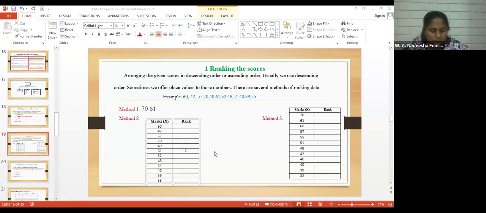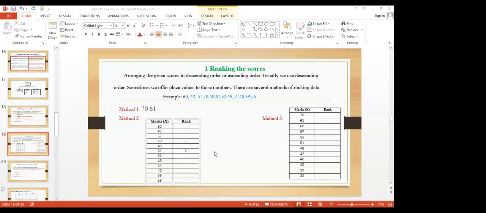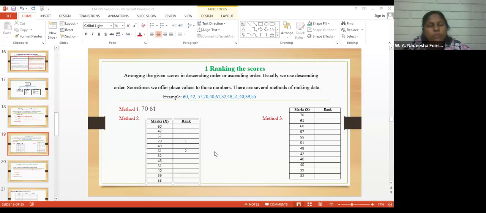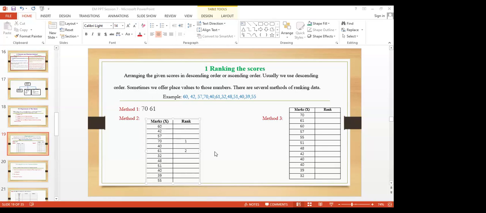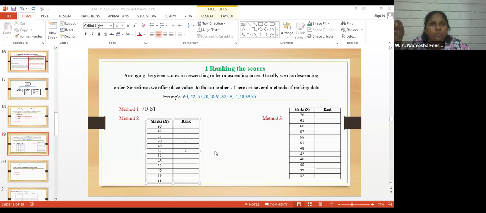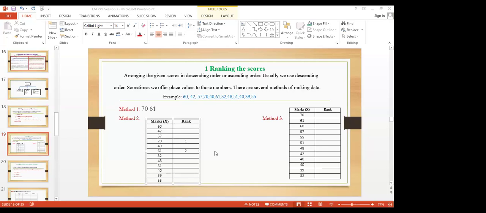If there are 2 marks and the positions are 2 and 3, we add 2 plus 3 and divide by 2. 2 plus 3 is 5, 5 divided by 2 is 2.5. Then if there are 3 and those places are 4, 5 and 6, we add 4 plus 5 plus 6 and divide by 3. Understood? Yes, madam.